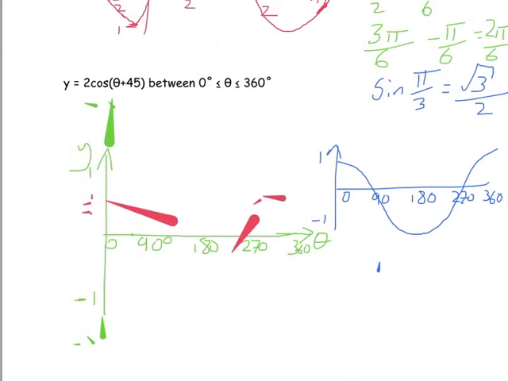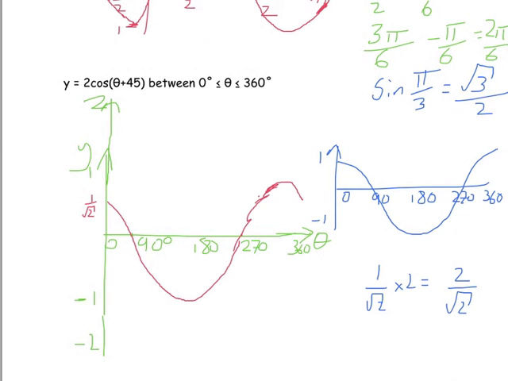So 1 over root 2 times 2 is equal to 2 over root 2, which is 1.41 using a calculator, so it's going to hit above 1. So here, it's still going to cross at 0 here, and it's going to go twice as big here, still cross here, twice as high there. So there's the graph in blue of y equals 2 cos in brackets theta plus 45.